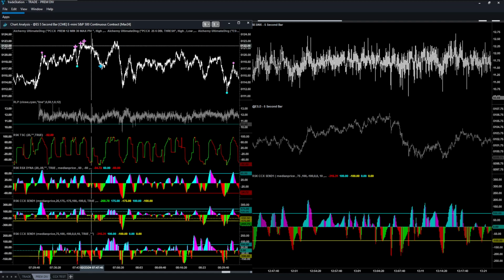So instead of using the indicator on the ES, we use the indicator on the premium, and we use its divergence to generate the signal on the ES. Again, you'll have to see that in real time, and we'll make a separate video on that later.